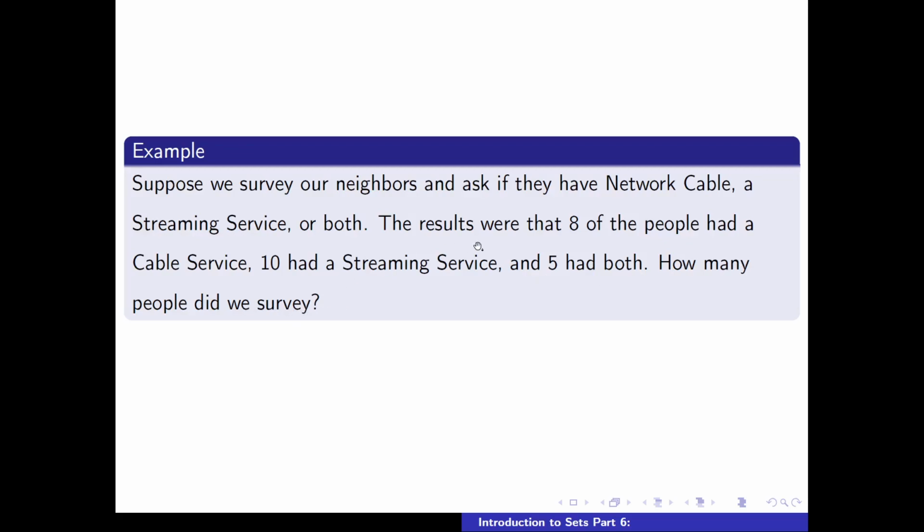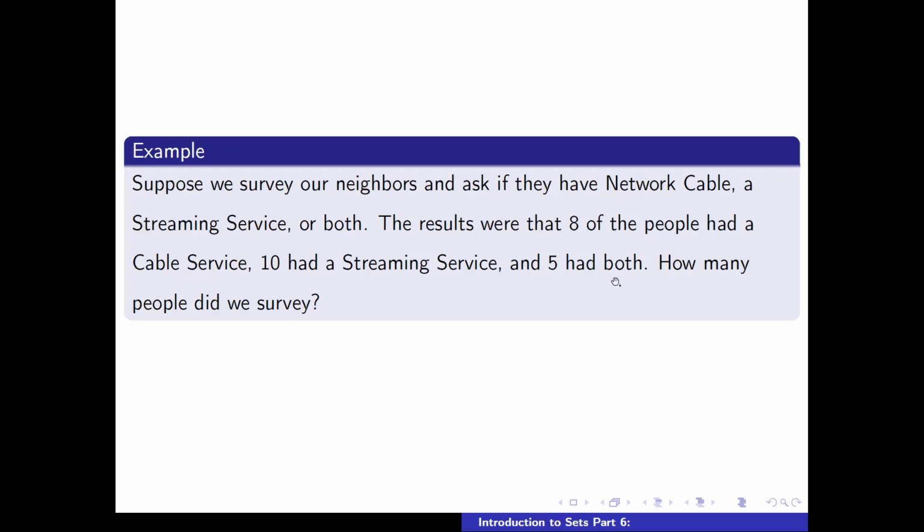Now, be careful to avoid the temptation of assuming that all these people are different. We're saying that 8 of the people surveyed had cable service, 10 had streaming service, and 5 had both. Clearly those that had both were counted in the people that had cable service.